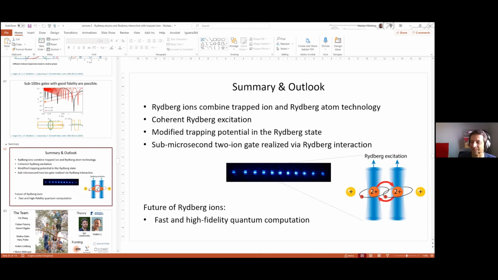But for ions, it's a bit of an issue because it takes more time to reload ions. And sometimes we just have a doubly ionized ion in the trap. If that happens, we have to throw it out and load new ions. At the moment we use ablation loading, which already speeds up the system quite a bit. So maybe in a few seconds we can get ions again, but still it's taking time.